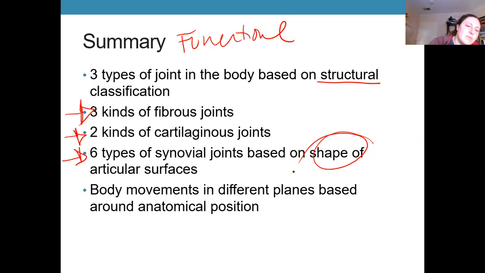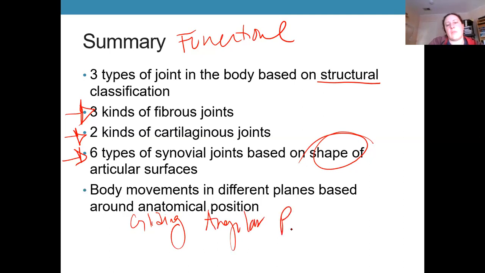And then we have 3 categories of body movements, right? We have gliding, we have angular, and we have rotation. So if you have any questions about this, we can certainly discuss it on Monday before we start talking about muscle. And you can also email me at any point for clarification.